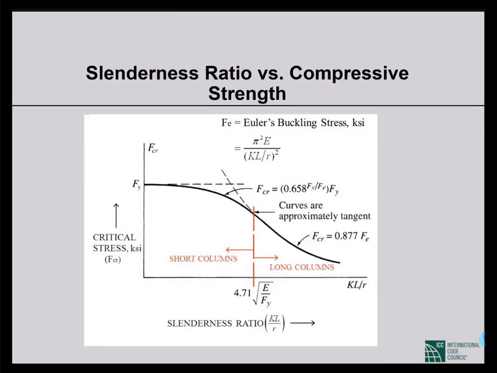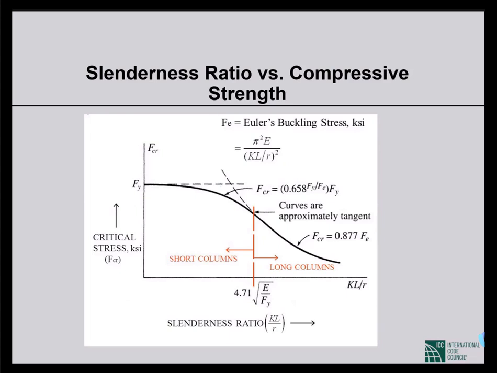If we see some graphs, that makes it a little bit more interesting. The thing is that this limit, 4.71 root over E by Fy, is a limit beyond which we call a column or a member long, and if the slenderness ratio is less than this, then we can think of the member as a short column.